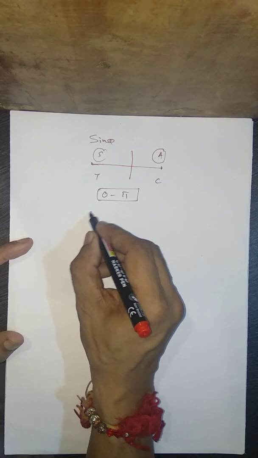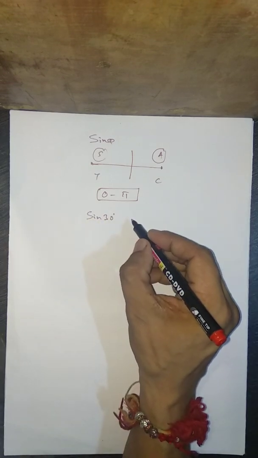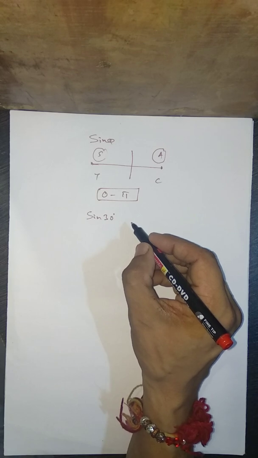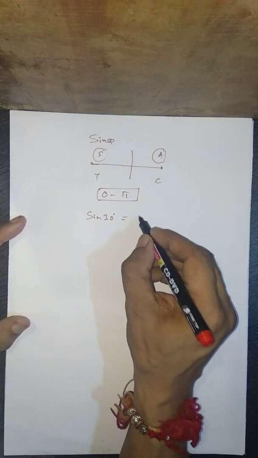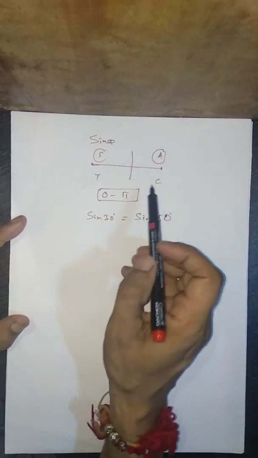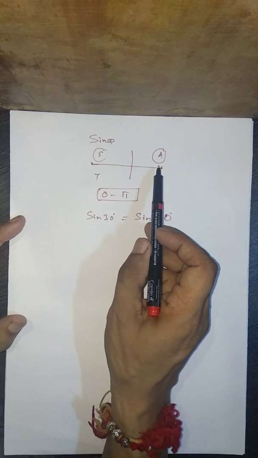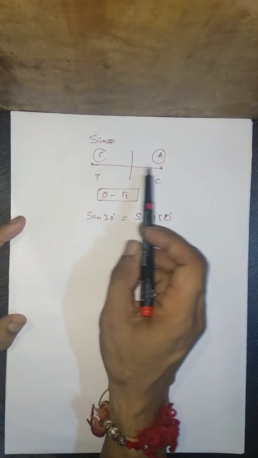For instance, sine 30 degree is equal to sine 150 degree. So that is the principal value. The principal value of sine theta is from 0 to pi.